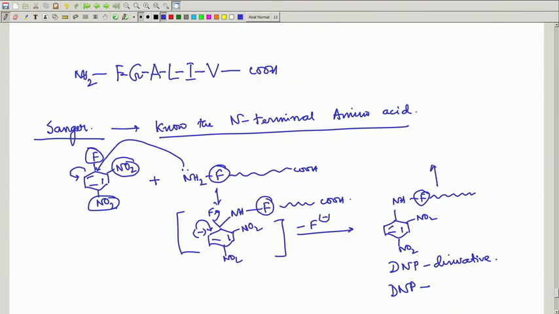Now, you hydrolyze it with acid. Amide bonds can be hydrolyzed by base or by acid. In Sanger's method you use HCl acid, and then heat it. So, what will happen?